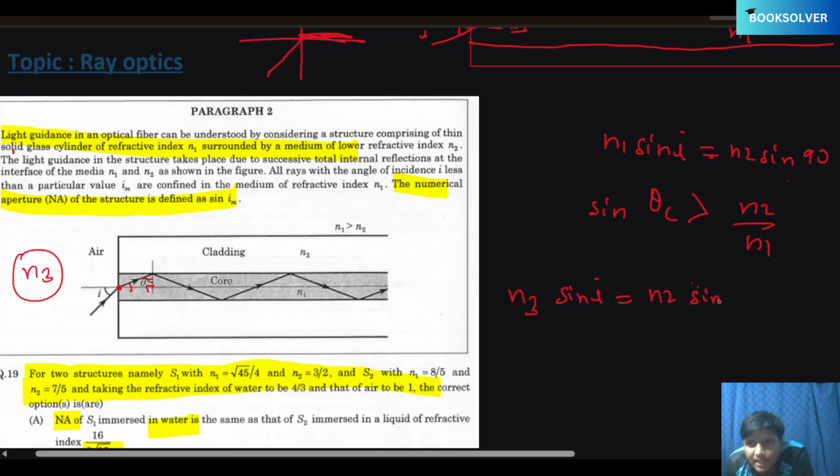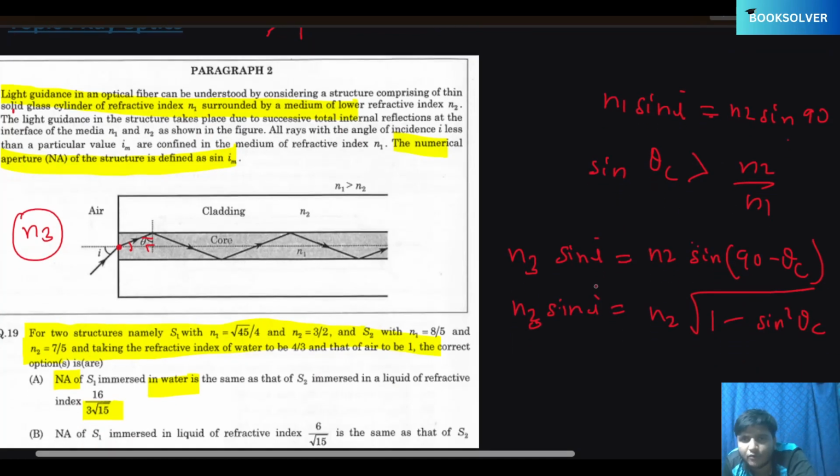So N2 times sine of 90 minus theta C here. And what is sine of 90 minus theta C? We can write it in terms of cos. So N3 times sine of I should be equal to N2 times cos of theta C, which can be written as the square root of 1 minus sine square of theta C. I hope this is clear here.